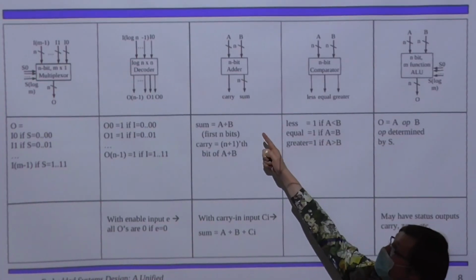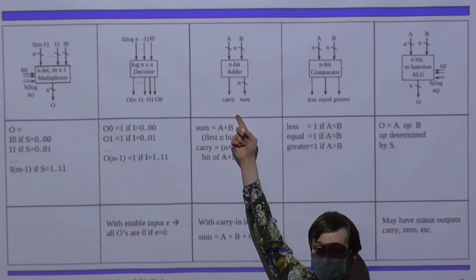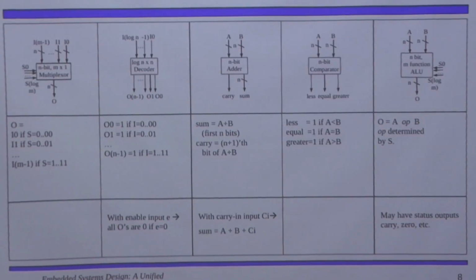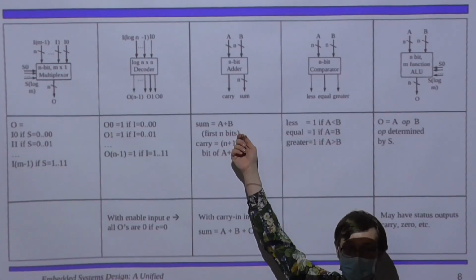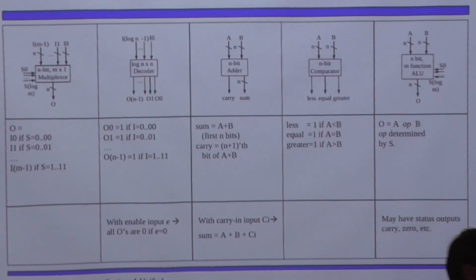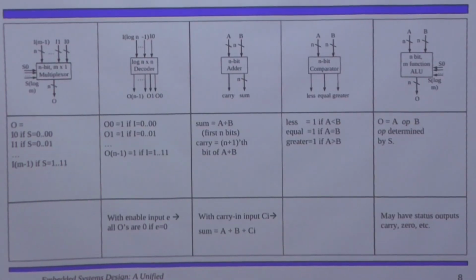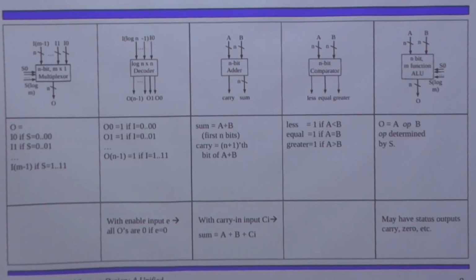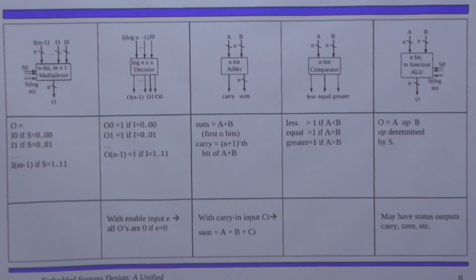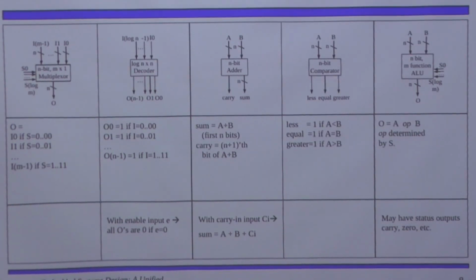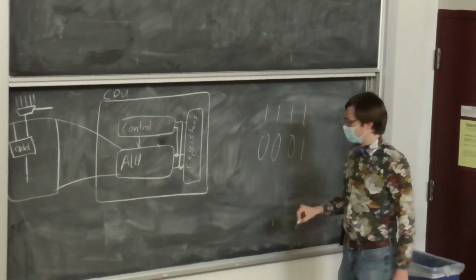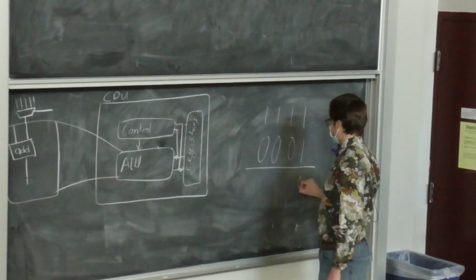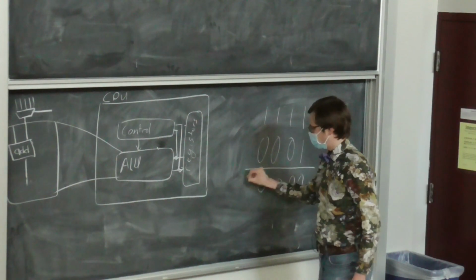Oh, and about adders, the one thing to note about the sum: a lot of these arithmetic blocks will have what's called a carry bit. The carry bit indicates whether or not the add operation overflowed its bounds. So if you have 1, 1, 1, 1 and you add 1, 0, 0, 0 to it, what you get is 0, 0, 0, 0, 1.